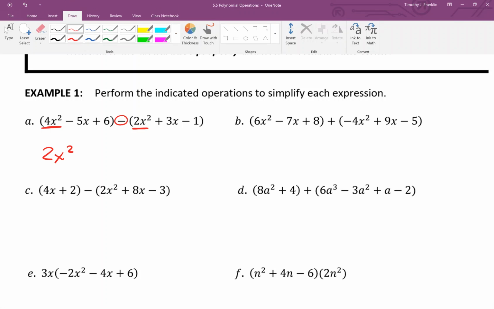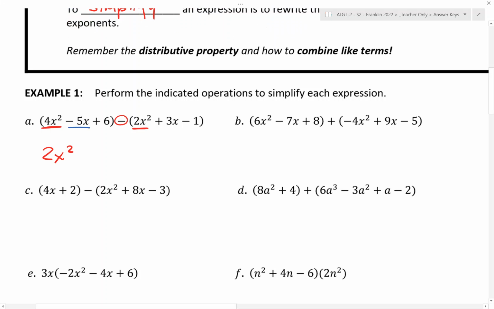Okay, and then we've got negative 5x minus 3x. So that's negative 5 minus 3, which is negative 8x. So be careful. Our inclination is to just add negative 5 and 3, that's negative 2. But we are subtracting. Negative 5 minus 3 is negative 8.